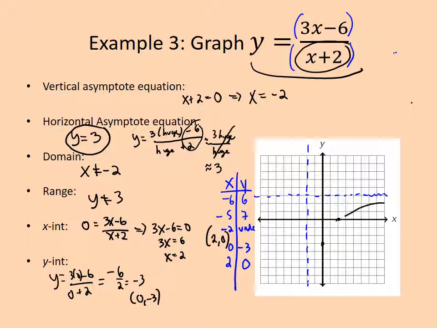So this branch of my hyperbola looks something like this. And on the other side, I have (-6, 6) and I have (-5, 7). So this branch of my hyperbola looks something like this. Once again, when sketching it, be sure it approaches the asymptote, but doesn't touch it.